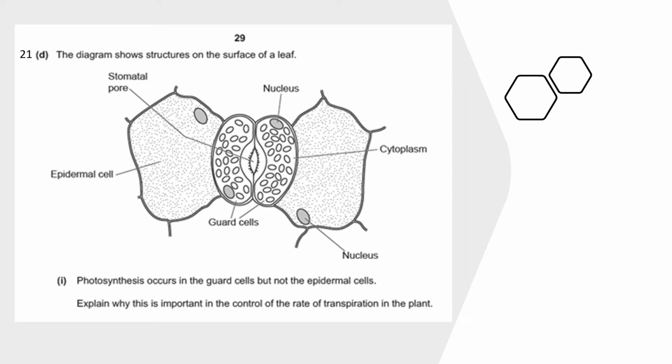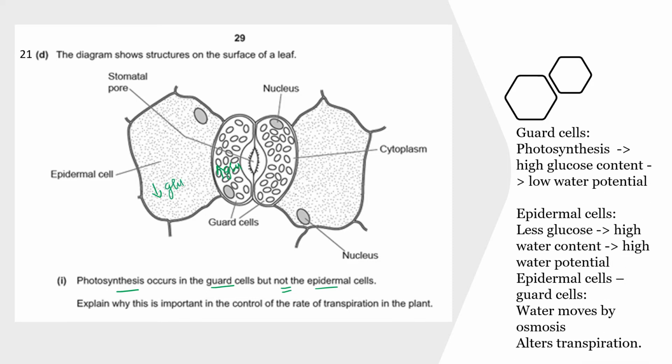As the question says, photosynthesis occurs in the guard cells, not in the epidermal cells. That means the formation of glucose in the guard cells, that means a higher concentration of glucose in the guard cells compared to the epidermal cells. On the other hand, the water content in the epidermal cells is very much higher than that of the guard cells.